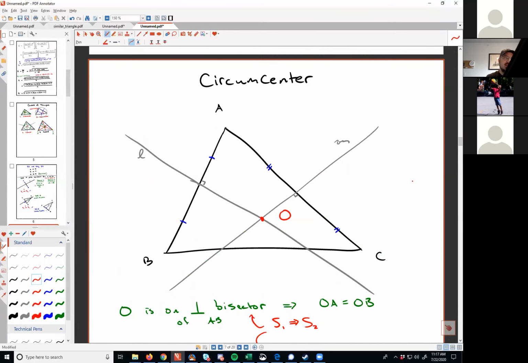What this means is, since we could see that OA was equal to OB, and OA was equal to OC, so OB was equal to OC, therefore, O is on the perpendicular bisector of BC.